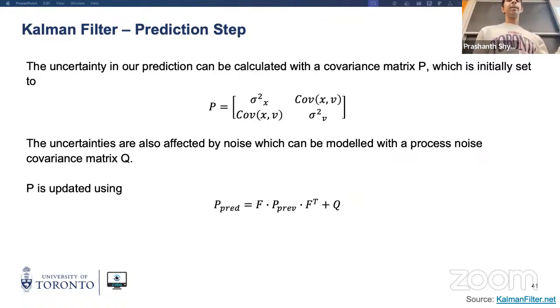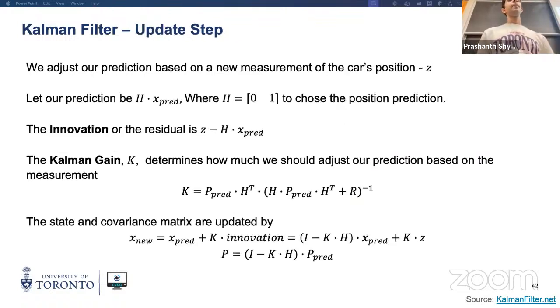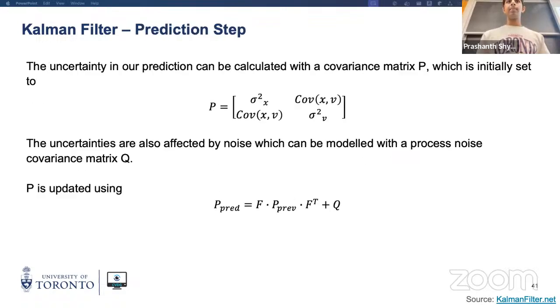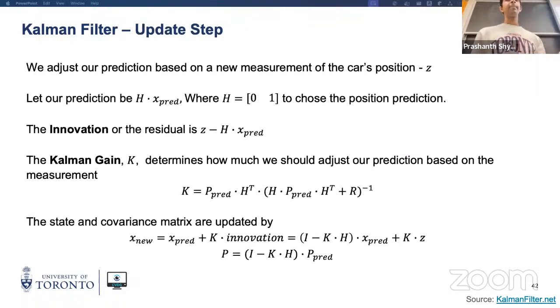We first make an initial prediction, then we update the prediction once we get a new measurement. So let's say I measure the car's position Z with my GPS sensor. Our prediction from the previous slide was X_pred, which gives us the new distance and the new velocity, but we really want to get the position because that's what we're interested in.